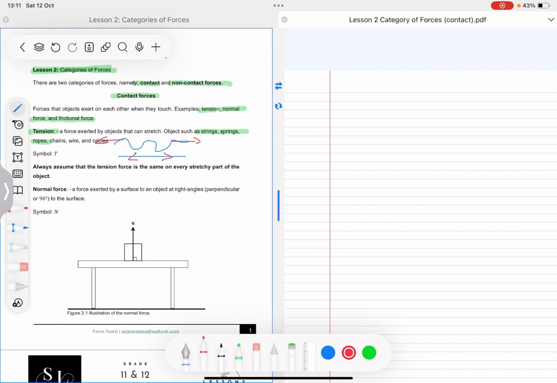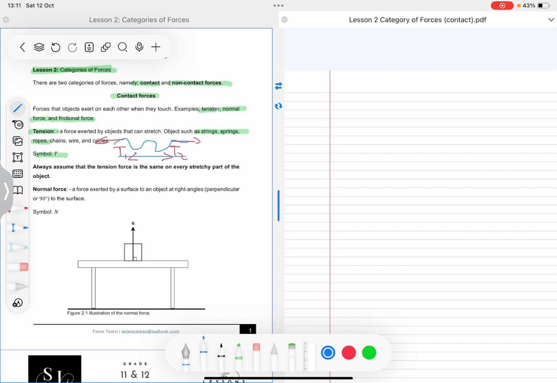Now, the symbol for tension is the letter T, capital letter T, right? So here it means I will have tension T1 and also tension T2 to denote that we have one tension that goes in that direction and the other tension that goes in the opposite direction.